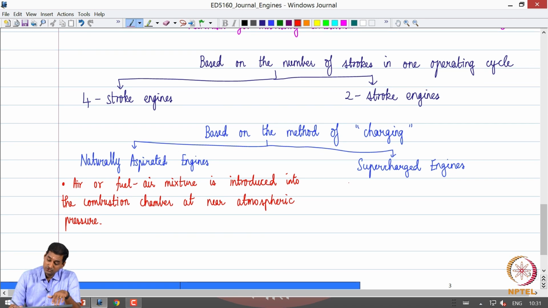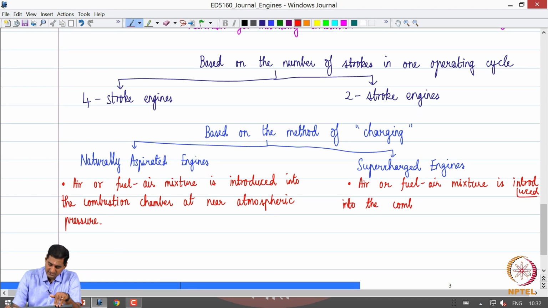Okay. What about in a supercharged engine, right? Here air typically, or let us say sometimes even fuel, is introduced at a high pressure. The fuel air mixture is introduced into the combustion chamber at a pressure higher than atmospheric.